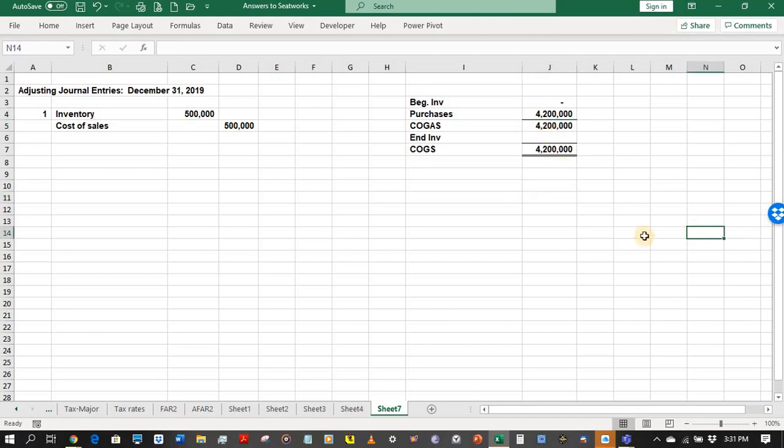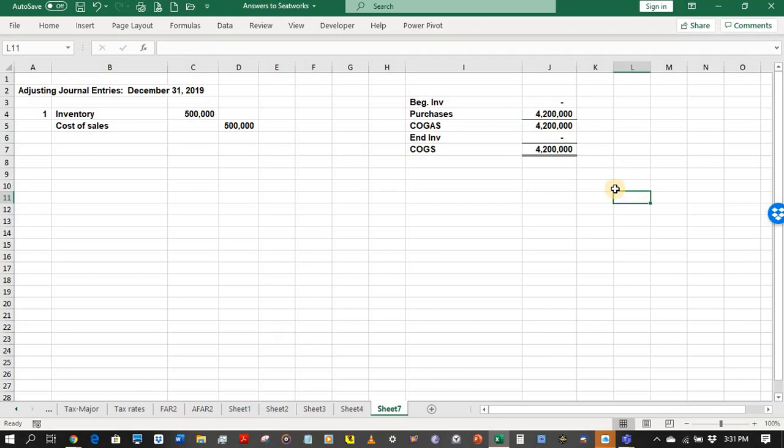So, kaya tayo nag-credit ng cost of sales na 500 kasi pag wala tayong sinetup na ending inventory, ang cost of goods sold mo, 4,200,000, which is hindi dapat kasi 500 daw sa 4,200,000 ay hindi pa nabebenta. So, on hand yun.